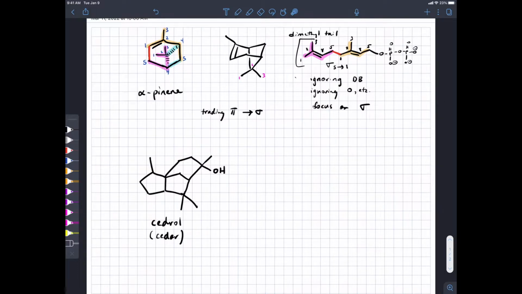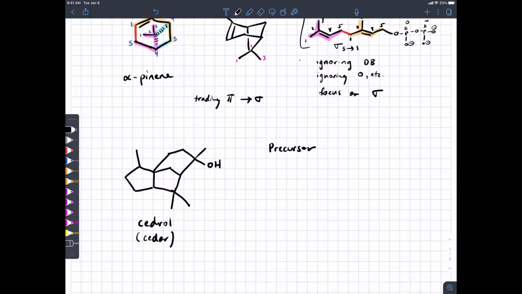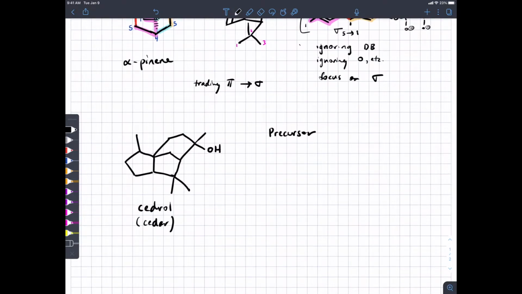If you count the number of carbons in cedrol, it has 15 carbons. So its precursor is going to be a 15 carbon linear molecule. I'm going to abbreviate the pyrophosphate group like this.